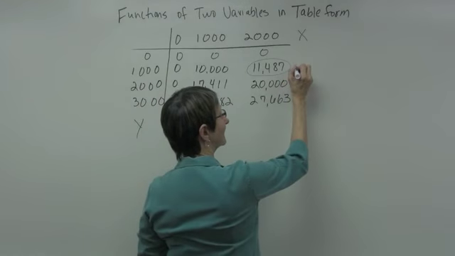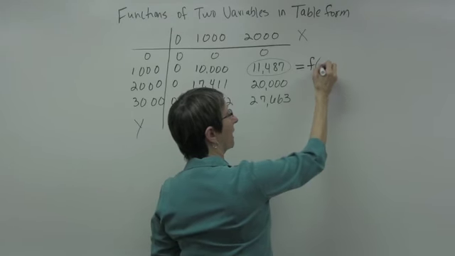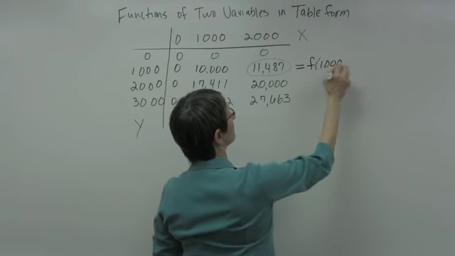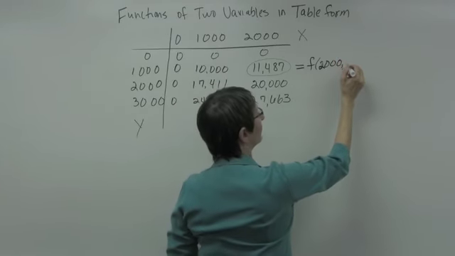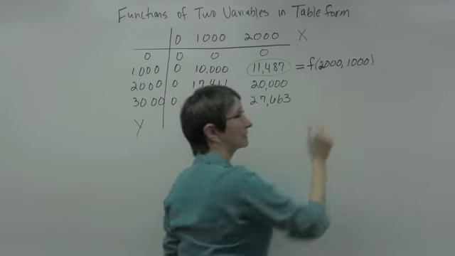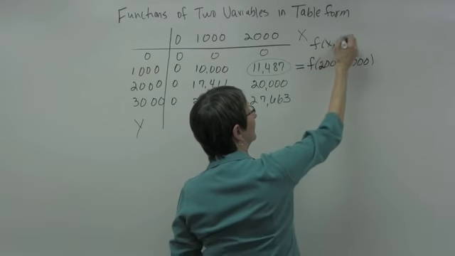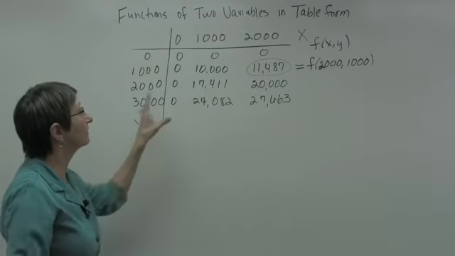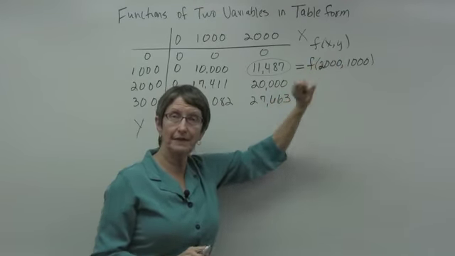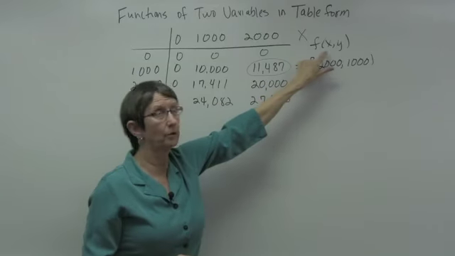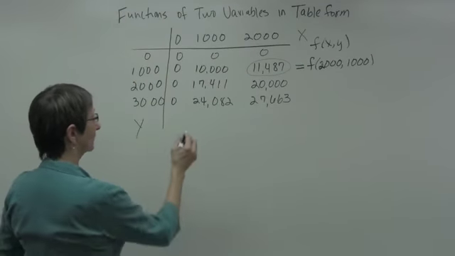So this is the value of the function f of 2,000 for x, and 1,000 for y. We still assume that our functions are functions f of x, y. If you have different letters, you'll be told which order they're to be written in. And the first variable is in the first row. Suppose we look at this value.